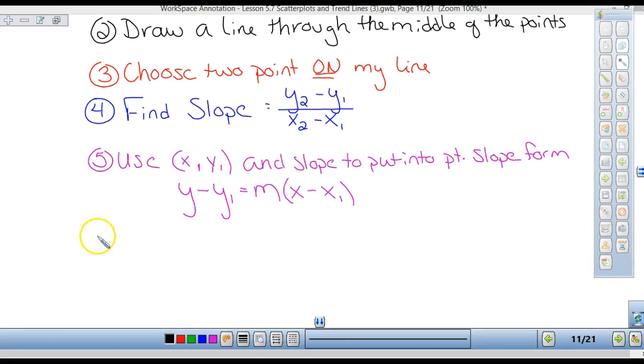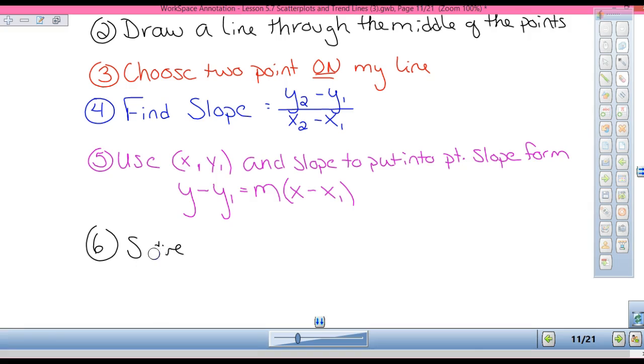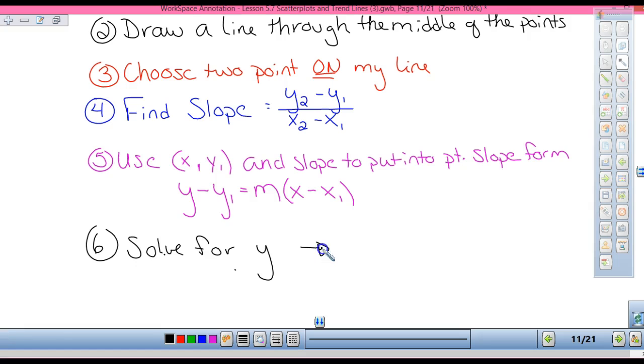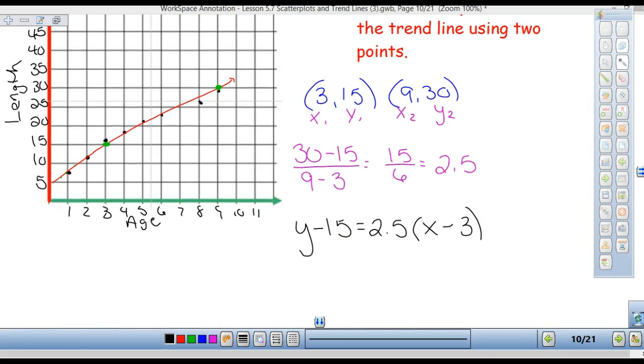Okay? And step 6. Solve for y, so that when we end up doing it, we're going to get y equals mx plus b. So when I'm solving for y, what's my first step?